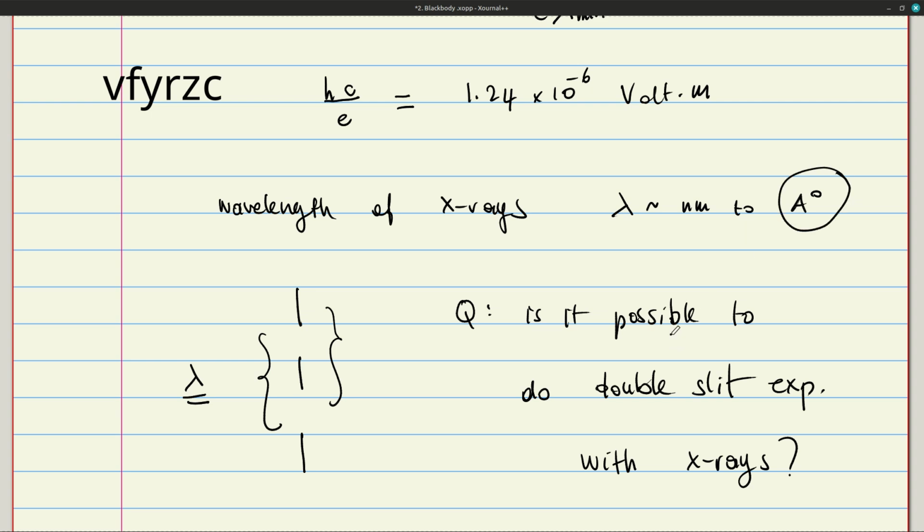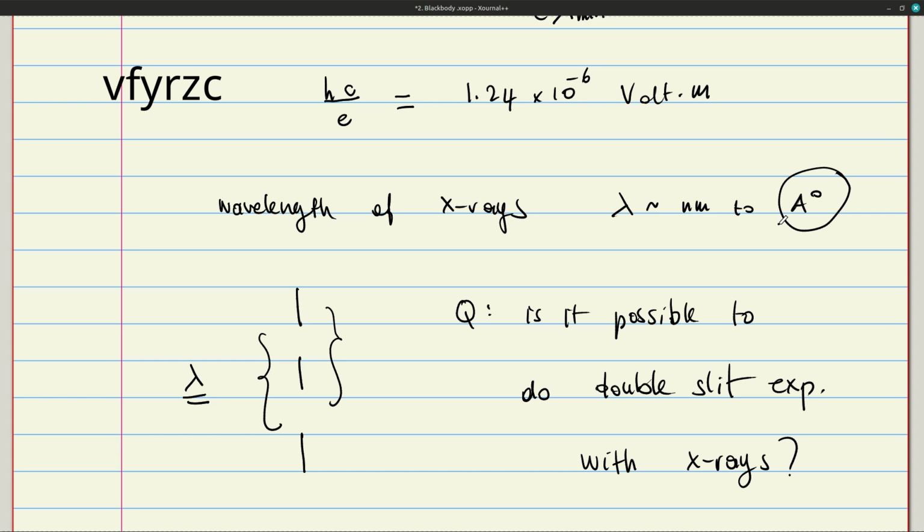Anybody want to take a shot? Why not? What is the required separation for angstrom? If I ask you to give me something on the order of angstrom in entire physics, what should you think of? Atoms, right? It is on the order of the size of atoms. Can you make a slit on the order of the size of atoms?